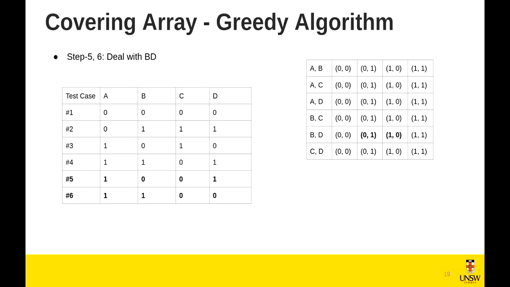In this case, test cases 5 and 6 are designed to cover the value pairs for B and D. So we don't need to care about the values of A and C in these 2 test cases, because the combinations for A and C have already been covered by the first 4 test cases. So that's why we need 6 steps here to build this covering array to save testing effort.